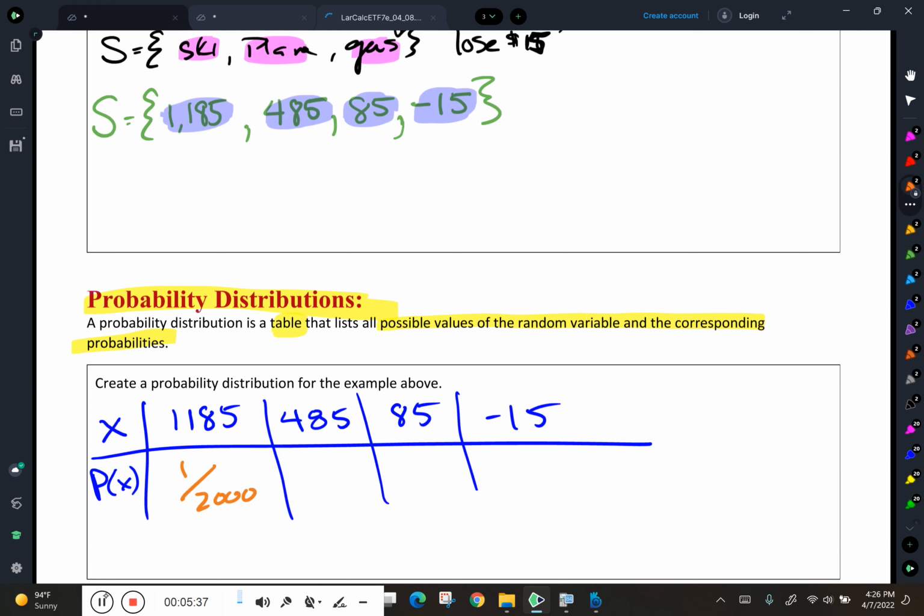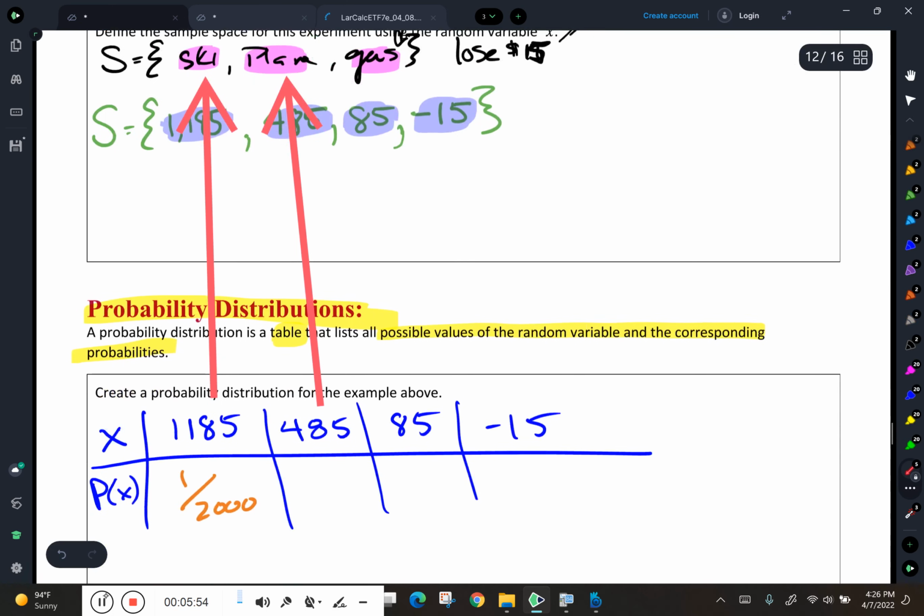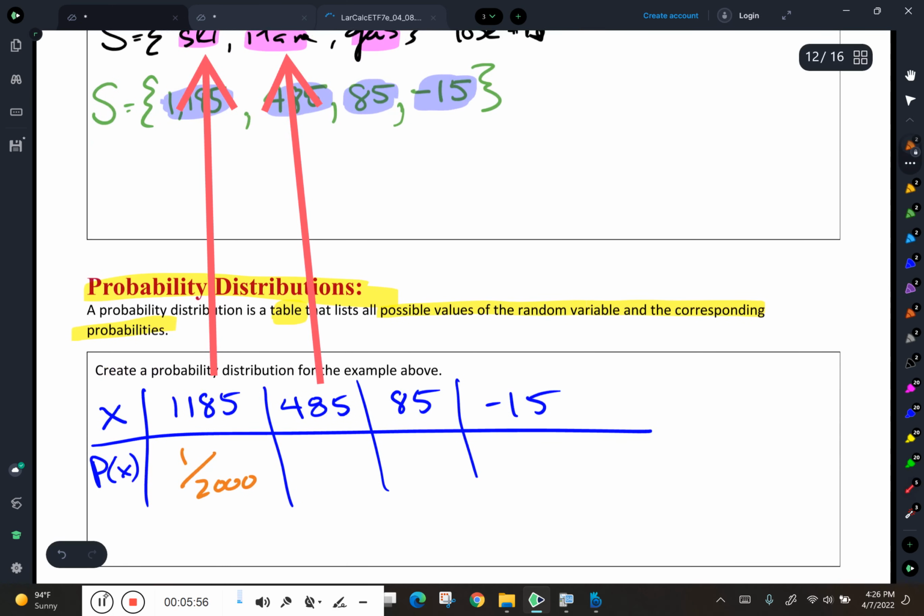Well, remember, the 1,185 is the ski trip, right? There's one ski trip, one ticket out of 2,000, right? The 485, that's the plane ticket, right? There's one of those, right?